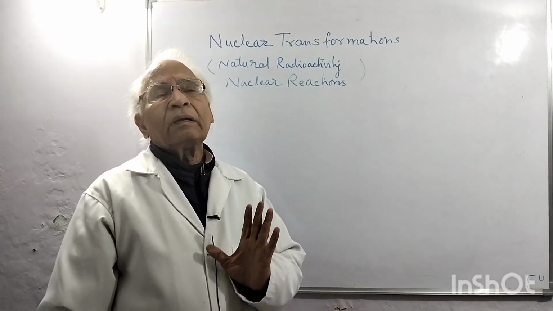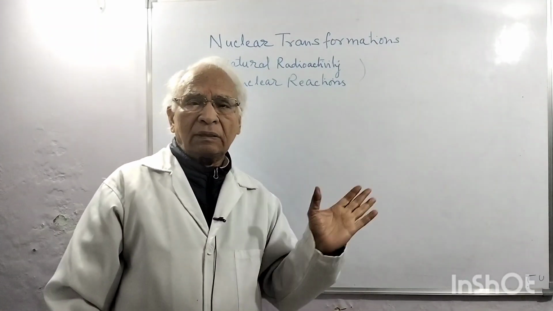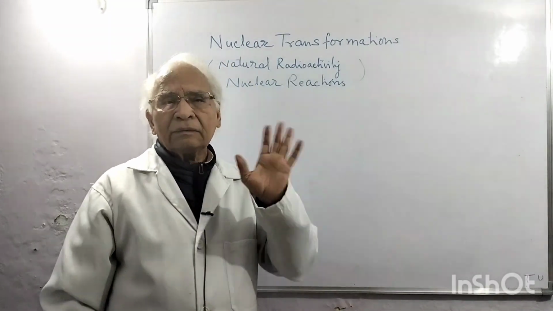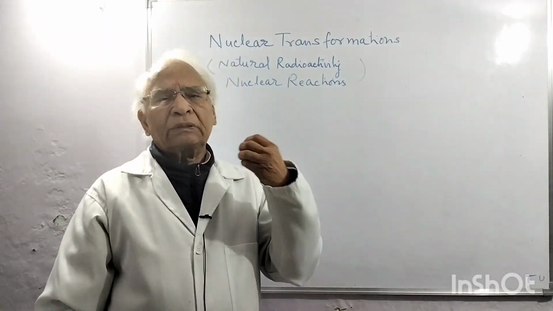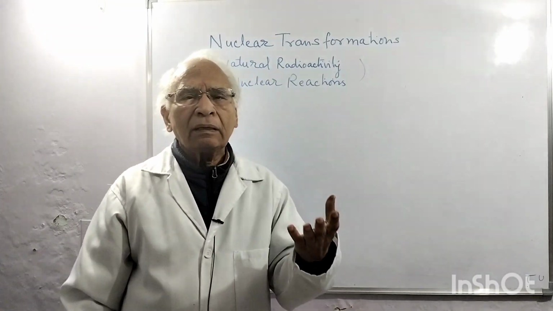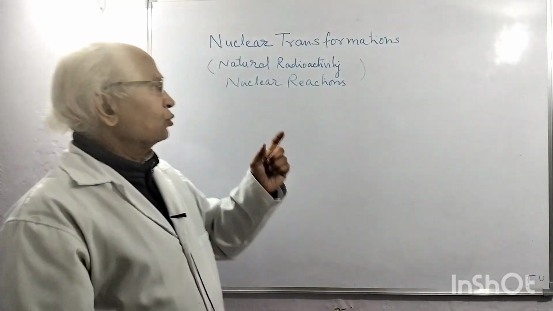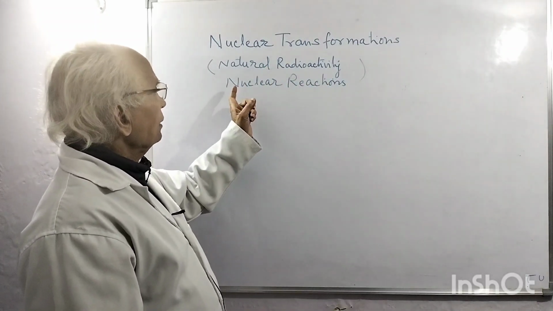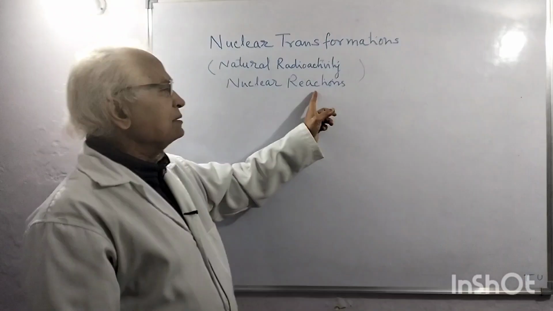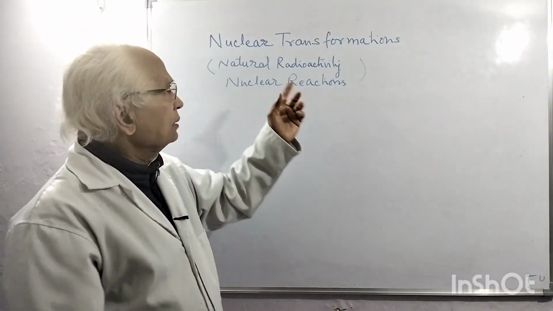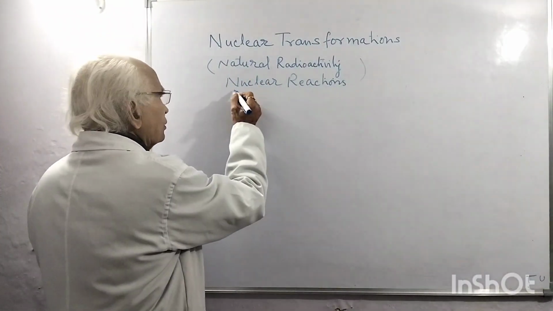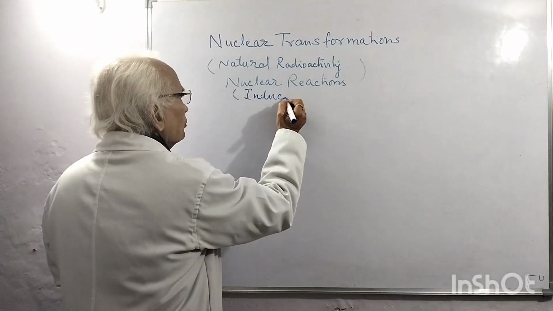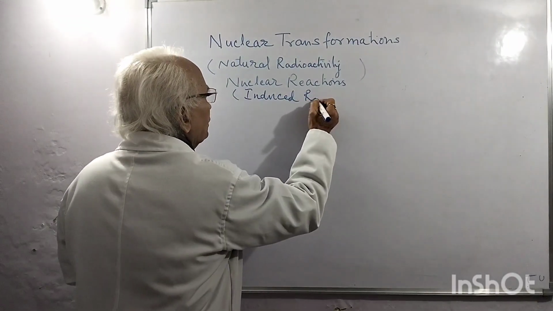That means we can transform one system to another system by bombarding a suitable target with a projectile. That is the nuclear reaction. So I will talk about the natural radioactivity and also induced. You can say this nuclear reaction means induced radioactivity. So this is natural and this you can call induced radioactivity.